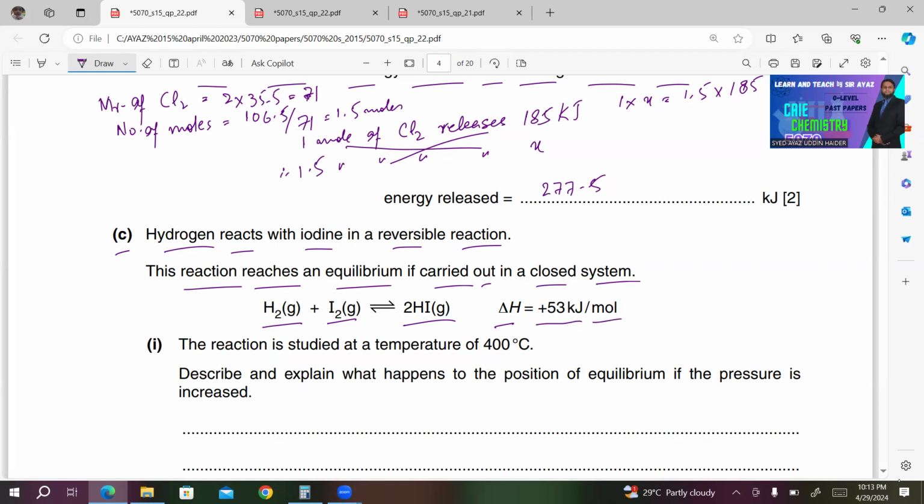The forward direction is endothermic, so the backward direction must be exothermic. So you write minus for this side, delta H.